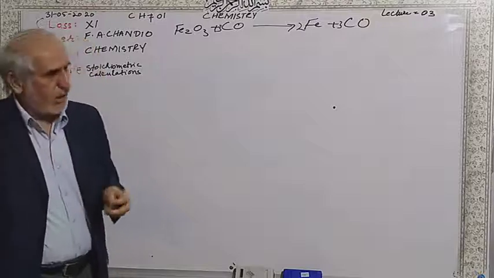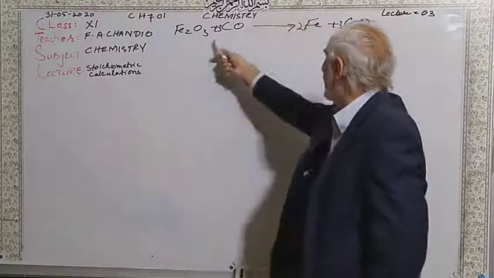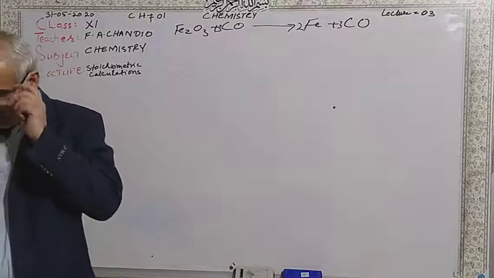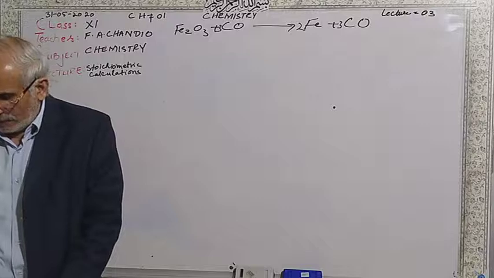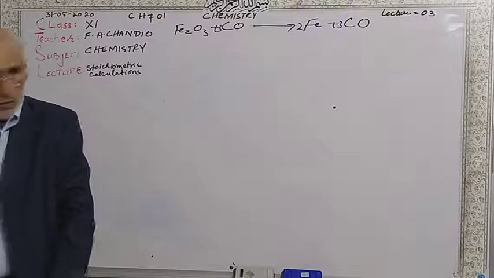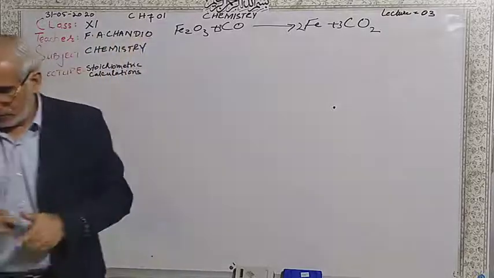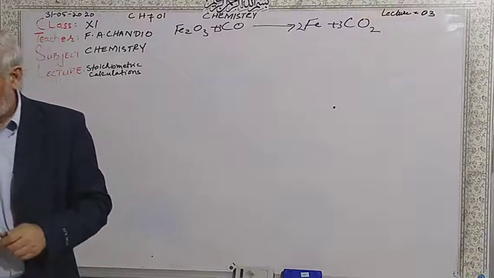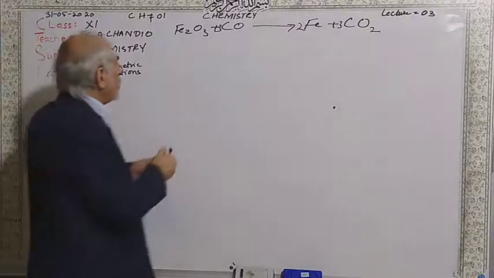This is the reduction process. Carbon monoxide acts as a reducing agent in this case, and iron ore changes into iron. So the question is that iron can be produced from the iron ore by reacting with carbon monoxide, a reducing agent, to form carbon dioxide gas. What mass of iron can be formed from 425 grams of iron ore?